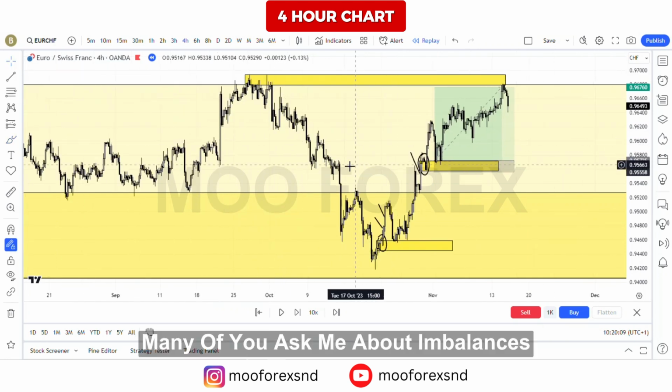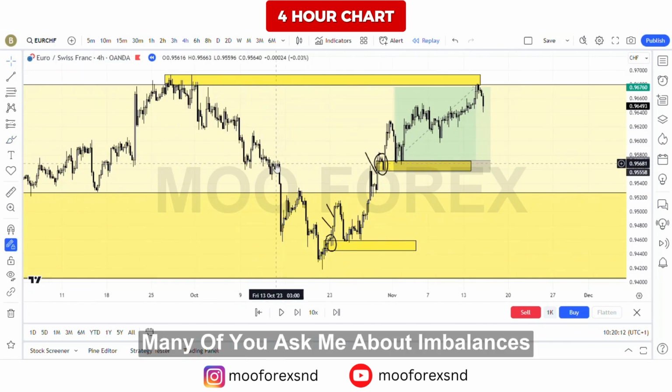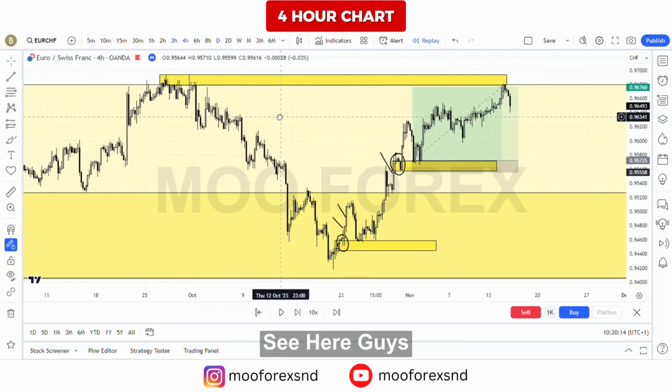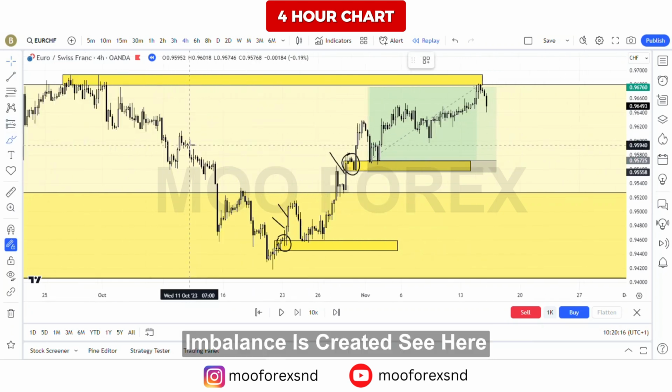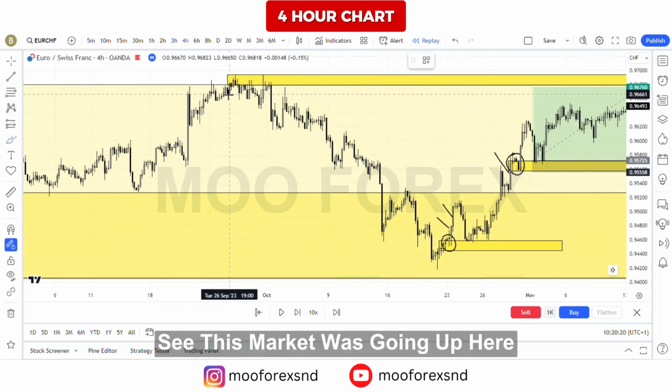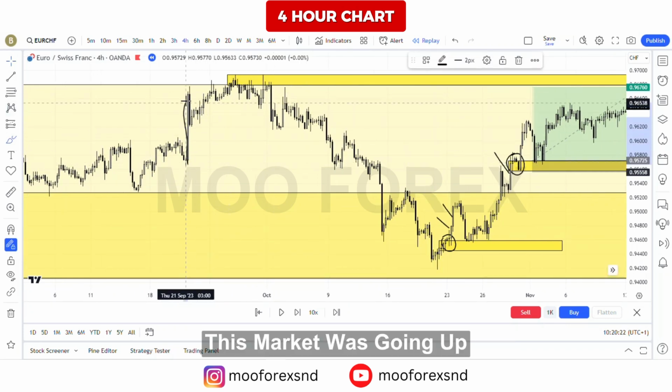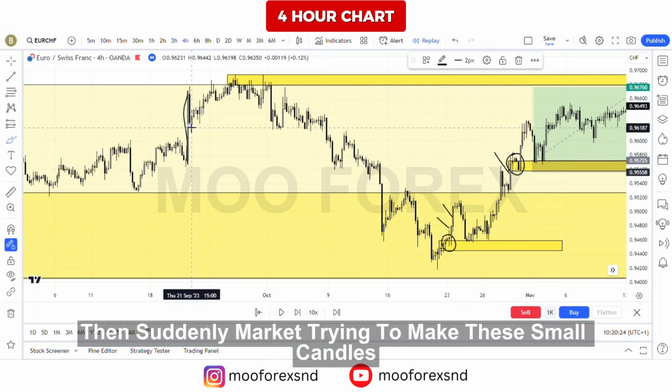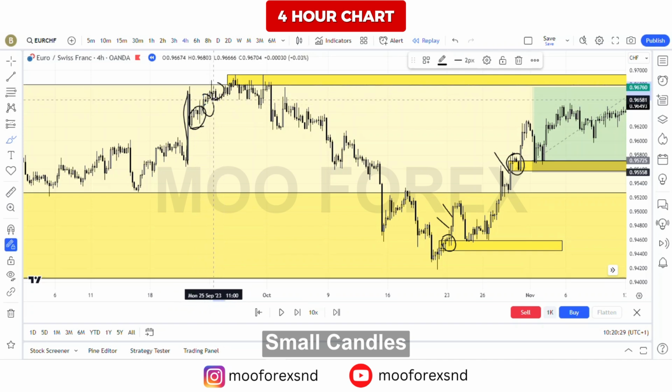You see guys, many of you ask me about imbalances. What is an imbalance? See here guys, this market was going up, then suddenly the market made these small candles, small candles, small candles.